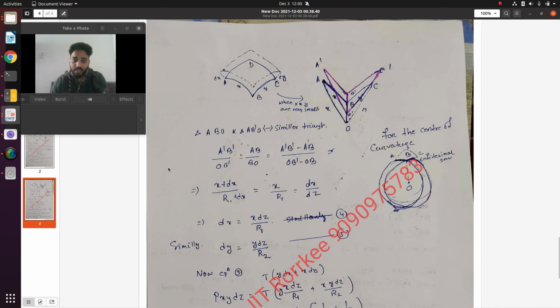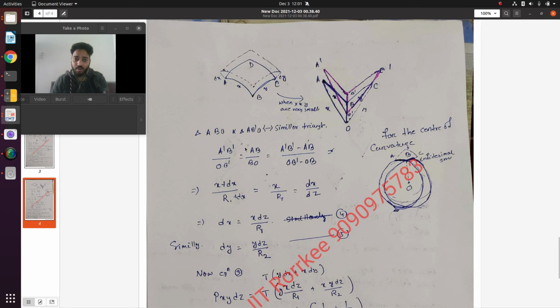So we can write the properties of similar triangles: A prime B prime divided by O prime B prime equals, for triangle ABO, AB by BO, which equals A prime B prime minus AB, equals OB prime minus OB. This is the property of similar triangles.